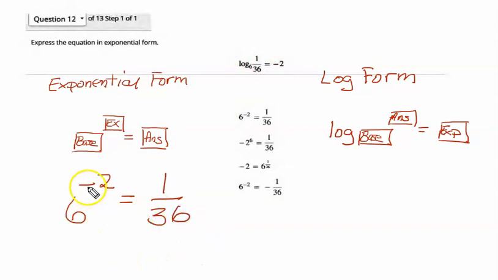Well, again, this is its exponential form, which is this one here. But the proof of it is this becomes 1 over 6 to the second when we take that negative exponent and move it down to the denominator. And 6 to the second is 36. So 1/36 equals 1/36. All right, that'll wrap this up.